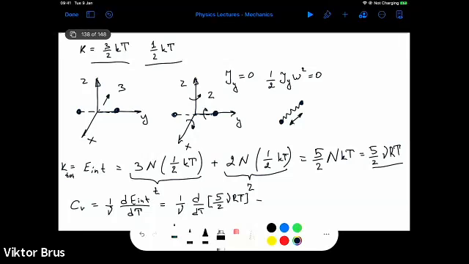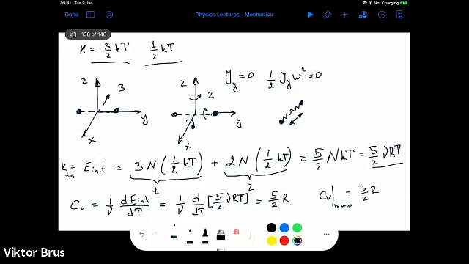As a result, we factor out 5/2 nu R, cancel out dT, and we end up with 5/2 R, which is different from the monoatomic gas, where we got C_V mono equal to 3/2 R.